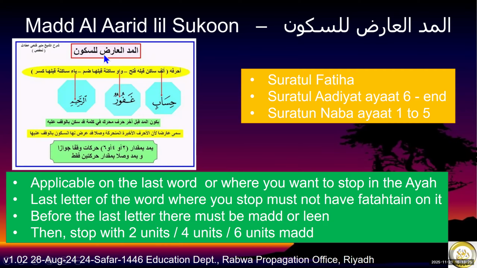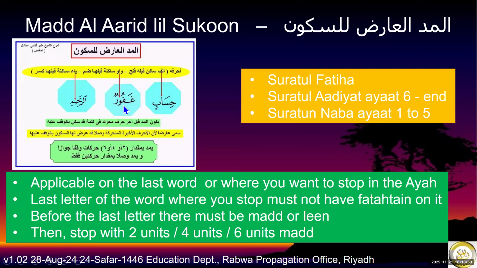Here you stop with 2 units, 4 units, or 6 units. How can we pronounce here, hisab? When you are stopping here, hisab, it is 2 units. If you want to stop with 4 units, you have to prolong longer. Hisab. You want to make 6 units, hisab.